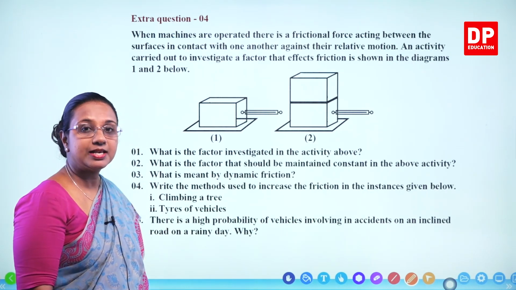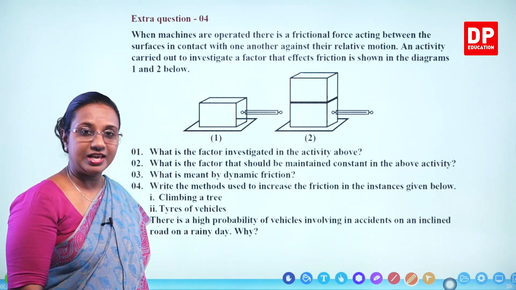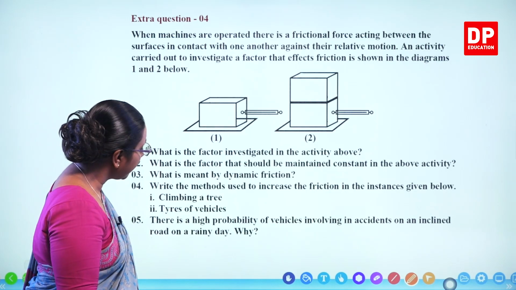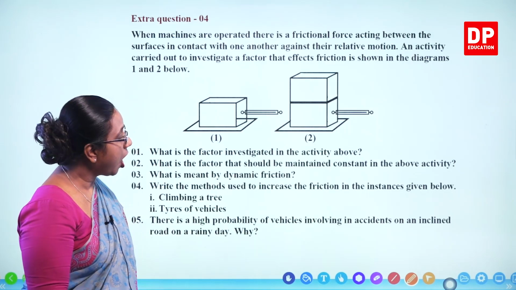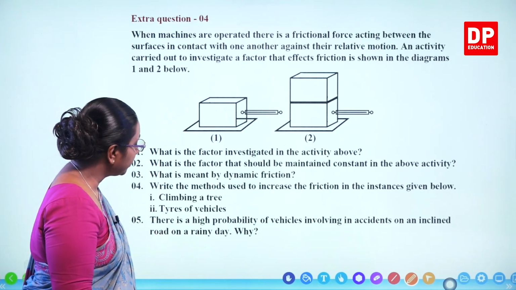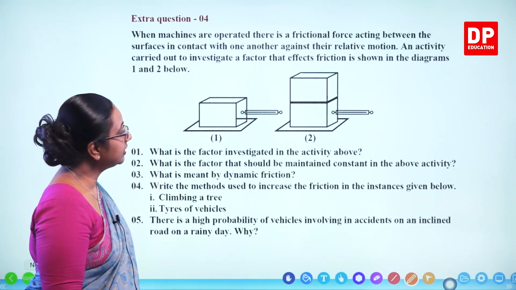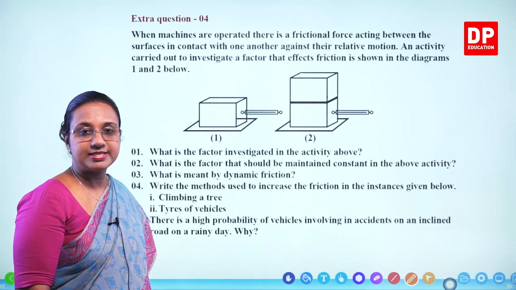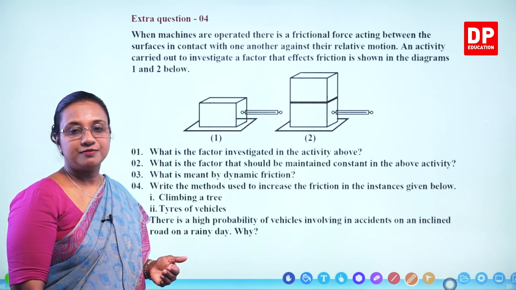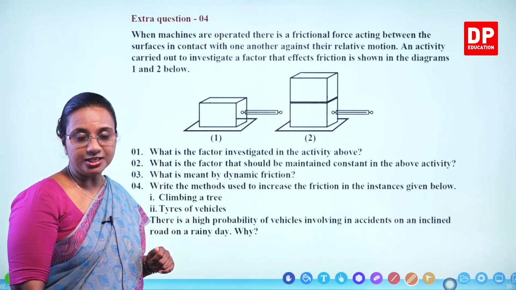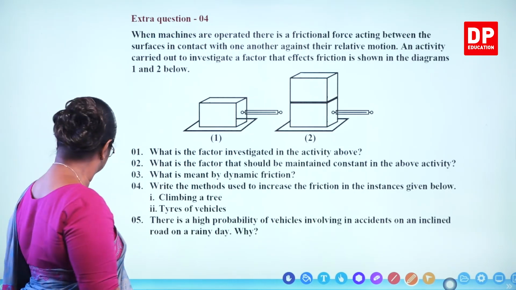The first one is climbing a tree, and the second one, tires of a vehicle. There is a high probability of vehicles being involved in accidents on an inclined road on a rainy day. Why? So, these are the questions related to this activity and friction. You all answer the questions first, then listen to the discussion. I will move on to the first question.